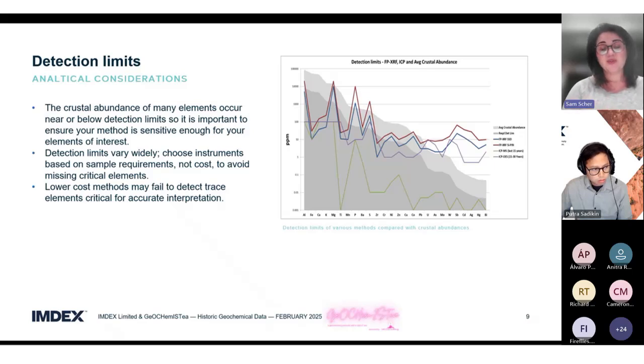Really what you'll see here for many of these elements, if you don't have that green curve over there, the green is ICP-MS. If you're not using that, then you probably won't even be able to detect it in a way that's meaningful for your data. You can, to an extent, for some of the elements, but again, just know what you're looking for, and that's going to guide what type of finish you're going to need. Next.